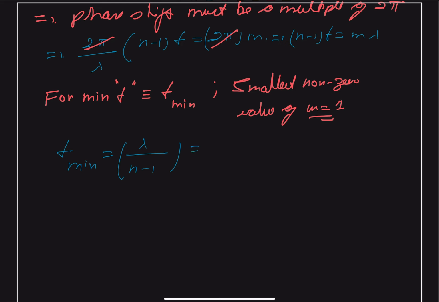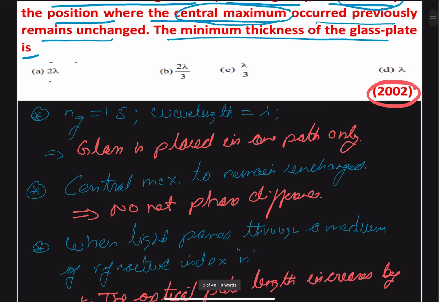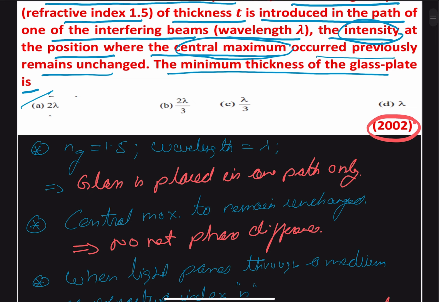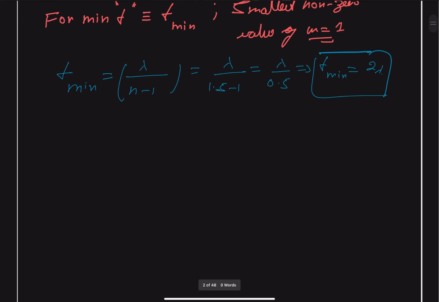The refractive index is already given to us, that is 1.5 minus 1, so this comes as lambda divided by 0.5. This gives us that our t minimum will be equal to 2 lambda, and option A is the correct option.